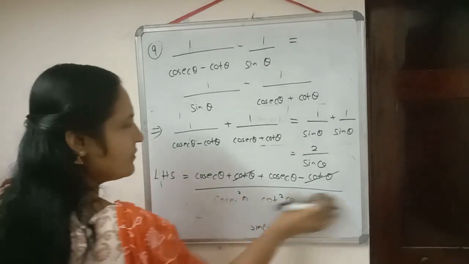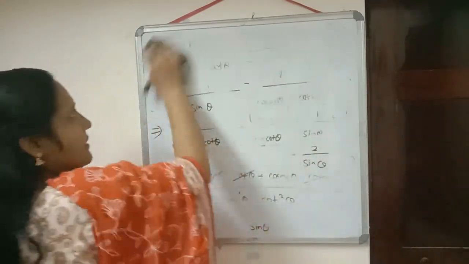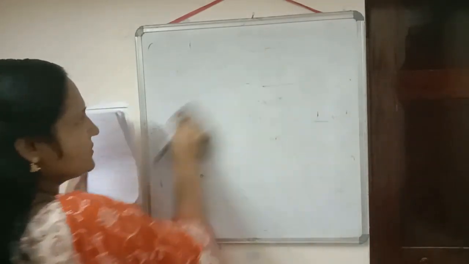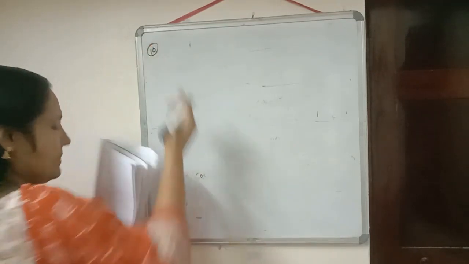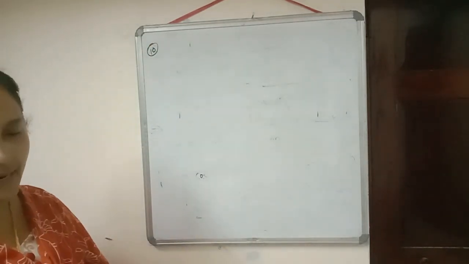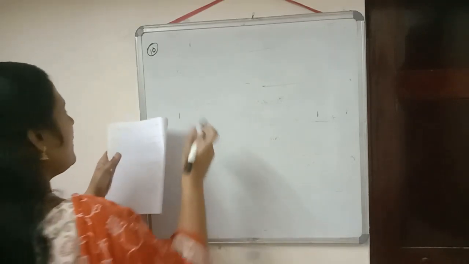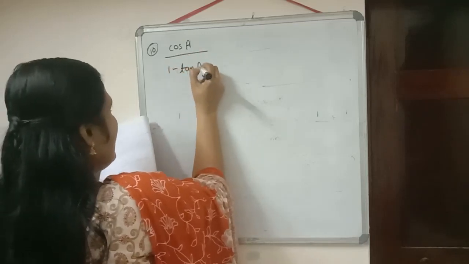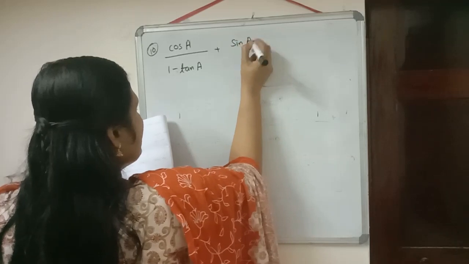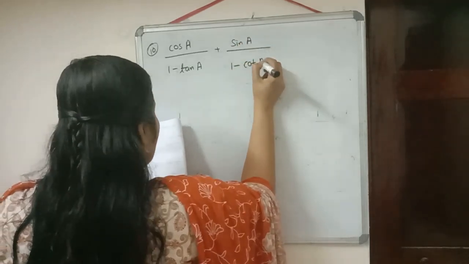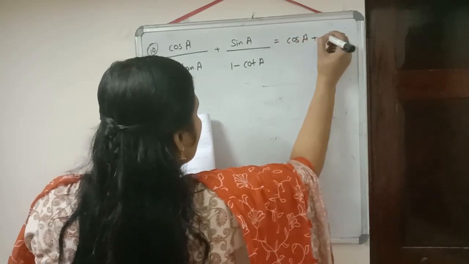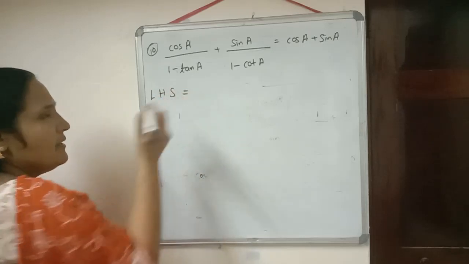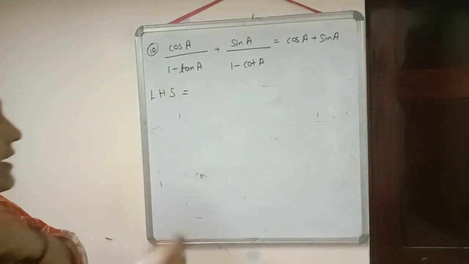Okay. Now all of you write down the next question. Next is question number 10. Question number 10 is, prove that cos A by 1 minus tan A plus sin A by 1 minus cot A is equal to cos A plus sin A. So again, first in the left hand side, we can change the expression in terms of sin and cos.